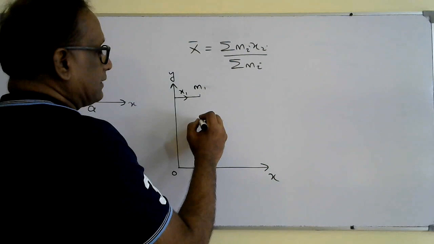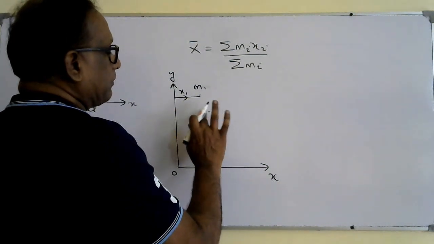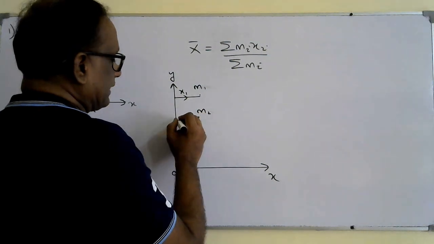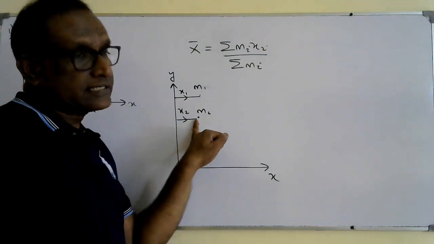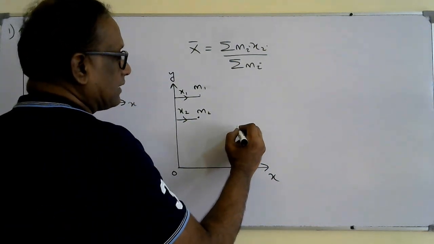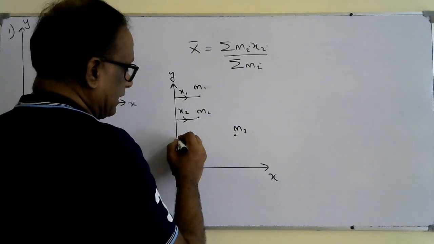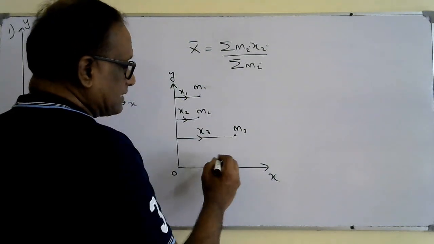There could be some other particle of mass m2 at a distance x2 from the y-axis, that is, the x coordinate of the center of mass of particle m2 is x2. There could be m3, whose x coordinate of center of mass is x3. Like that, there is a system of particles.